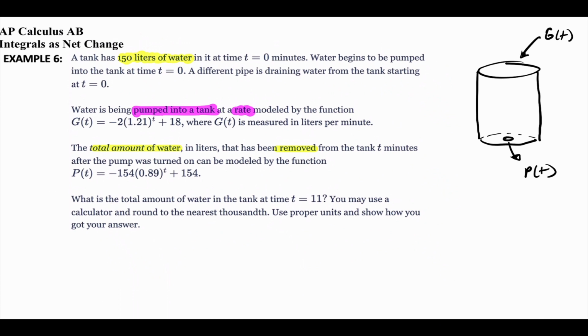This one is not a rate. If I want to find the rate going out of the tank, I would need to find the derivative of this. So these are not the same. They're not apples to apples. One is a rate, one is a total amount.